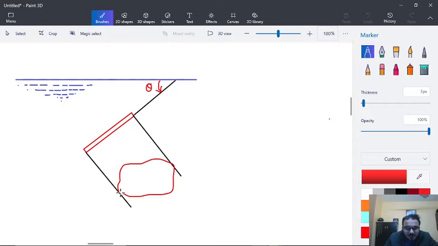Here this is the actual surface, and let's say that here we are having the center of gravity, and here we are having the center of pressure, and we will be taking a small strip for our analysis.